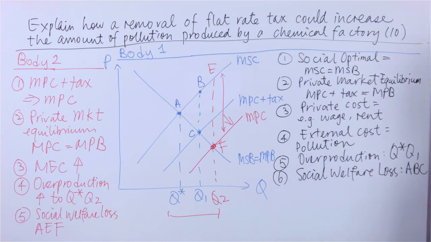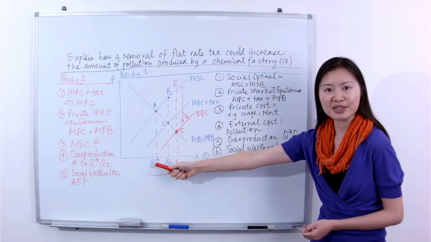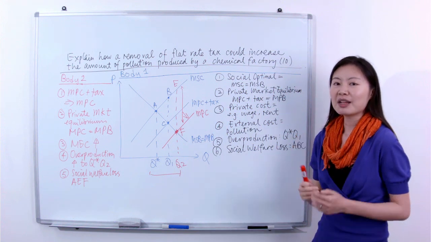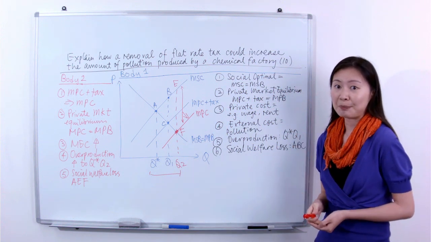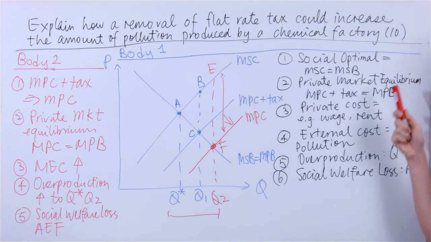This is the point where society would like the market to produce at. However, the private firms would like to optimize their profit gains, and therefore the private market equilibrium does not necessarily occur at the social optimal point.